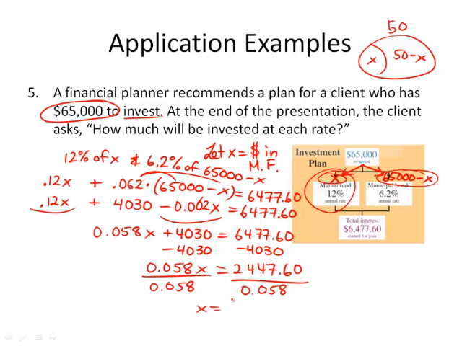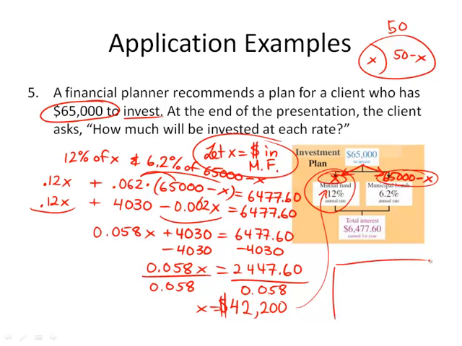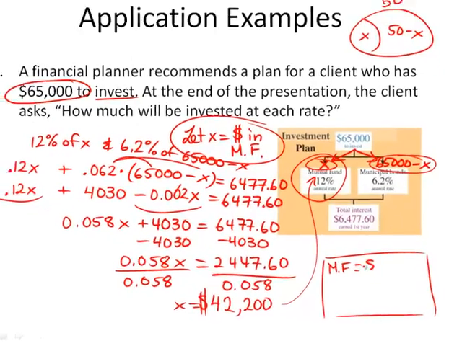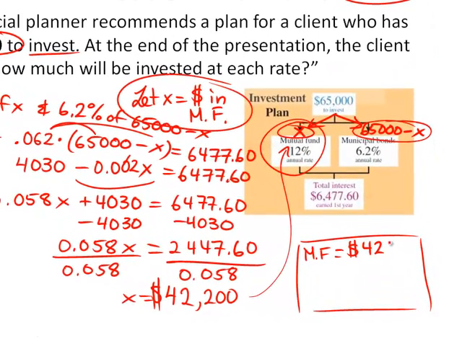Basically need a calculator for these numbers. You get $42,200 in. You can look back to your definition in the mutual fund. So remember to define your variables. Our X was the dollars in the mutual fund. So now we can give a final answer and say mutual fund was $42,200.